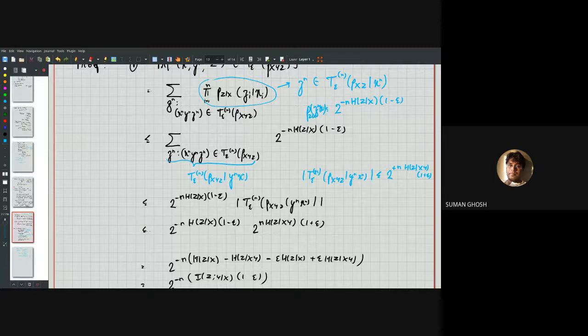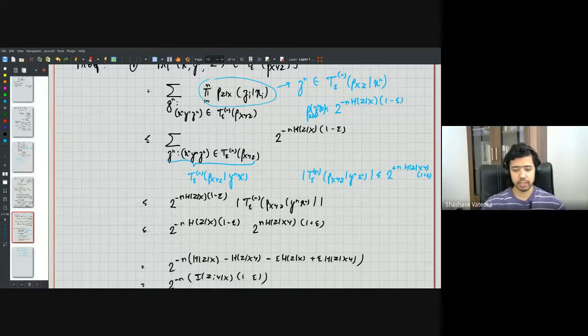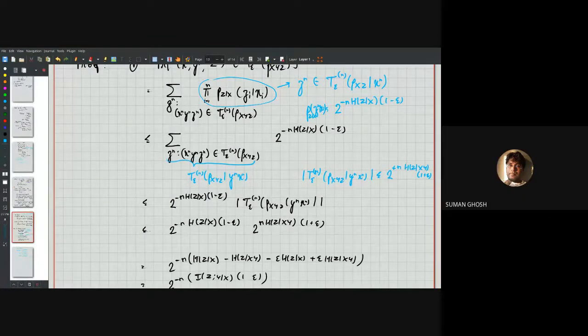So zn is dependent on this particular xn that I'm choosing, but it's independent of y. And even though I'm drawing it independently of y, I want to know what is the probability that all three are going to be jointly typical? Okay, got it.